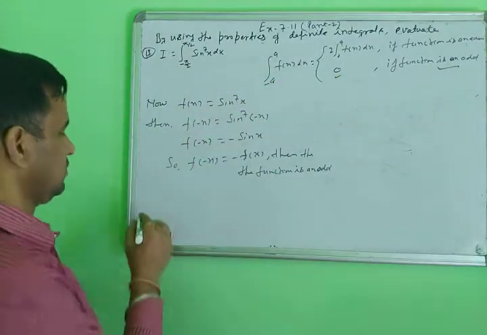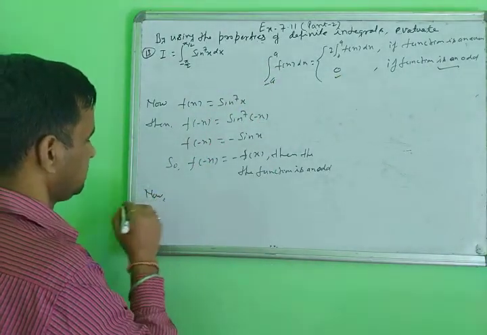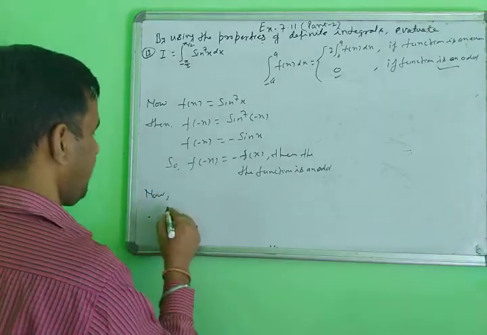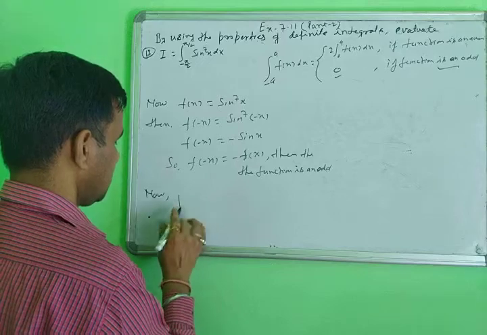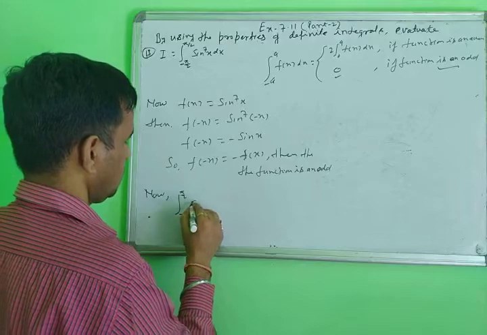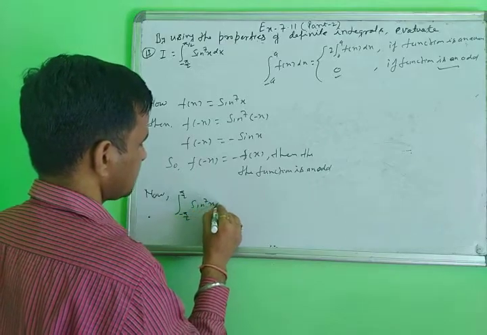So now you can write the integral from minus pi by 2 to plus pi by 2 of sin 7x dx.